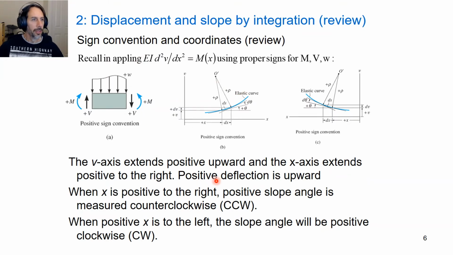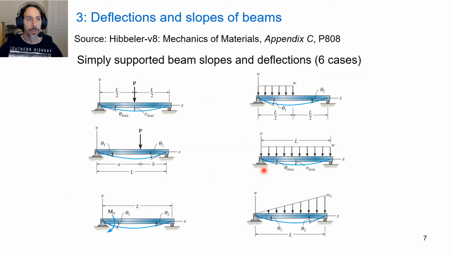So what we're going to do is make use of the formulae for standard beams and loadings. Here we have 6 simply supported beam slopes and deflections: simply supported with a load in the middle, with an offset load, with a moment at one end, with a distributed load halfway across, and so on.